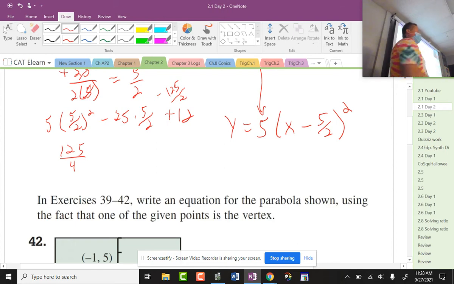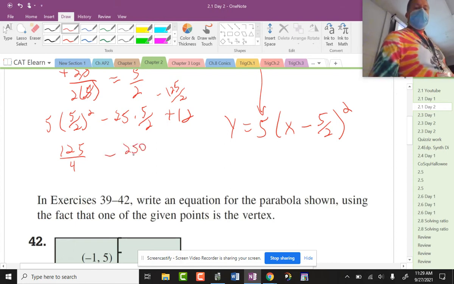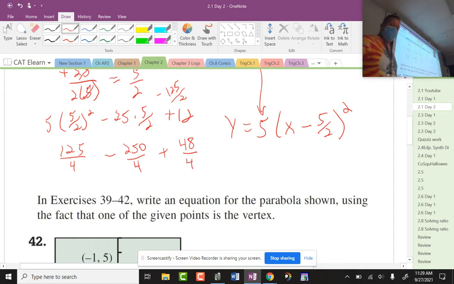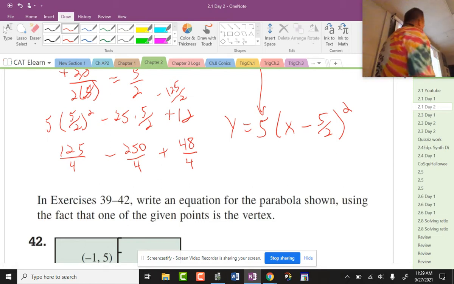But then I need a common denominator, which is negative 250 fourths. Double the numerator, double the denominator. Then 12 is 48 fourths. 4 times 12 is 48. Now I'd probably use a calculator because this is annoying, but negative 125, is that negative 102 fourths? Is that right? Negative 102 fourths?